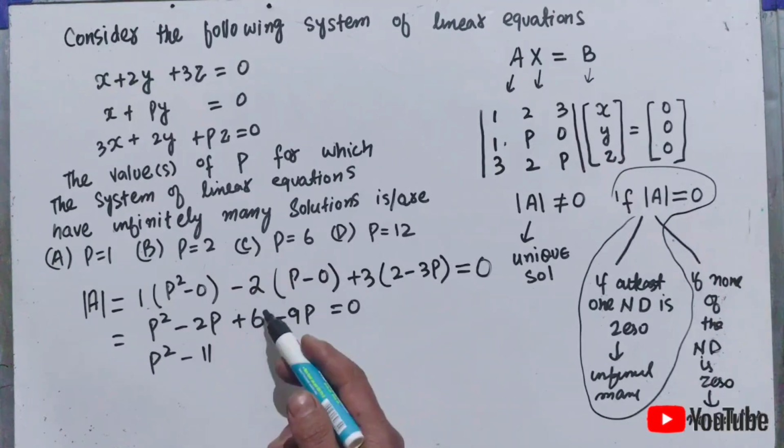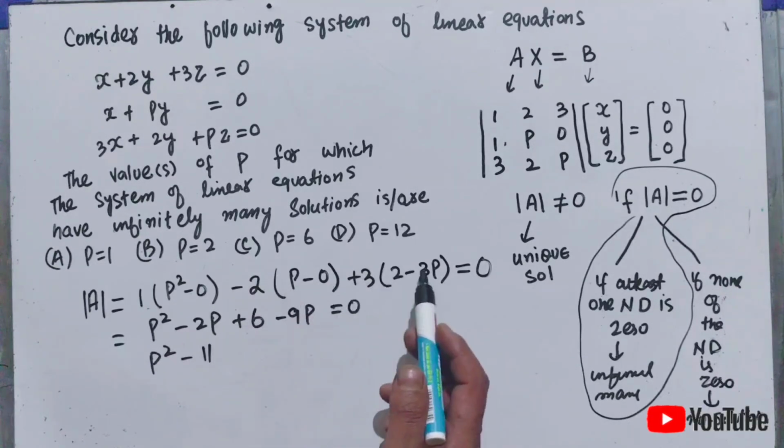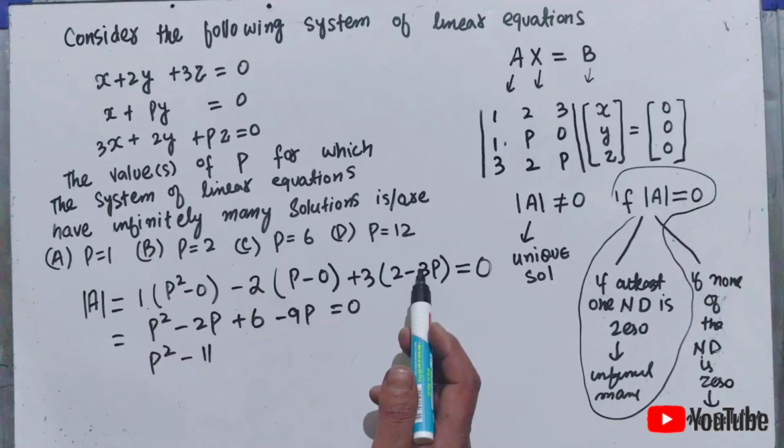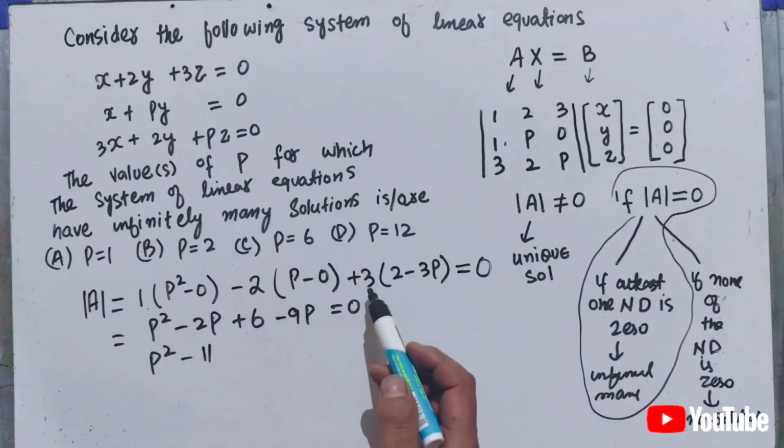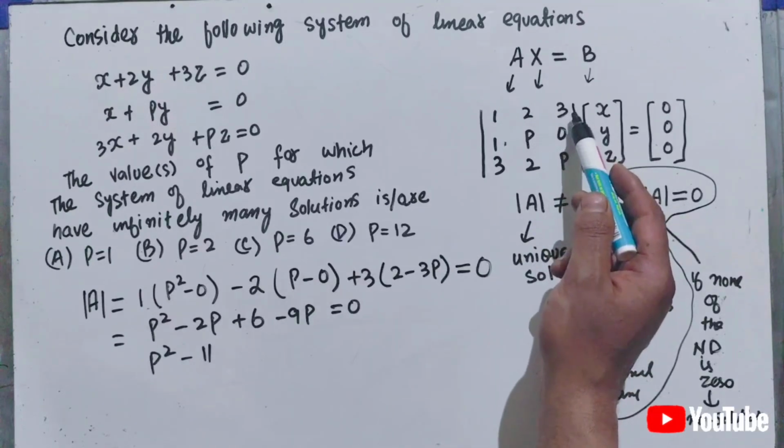So we have here p square minus 2p, 3 3s are 9. Somewhere I have made a mistake. So here we have 3.